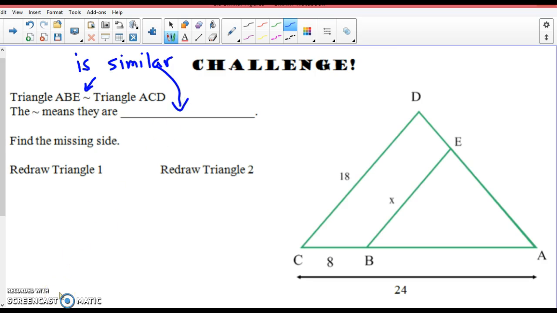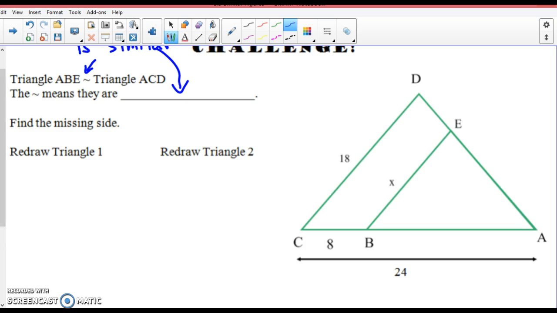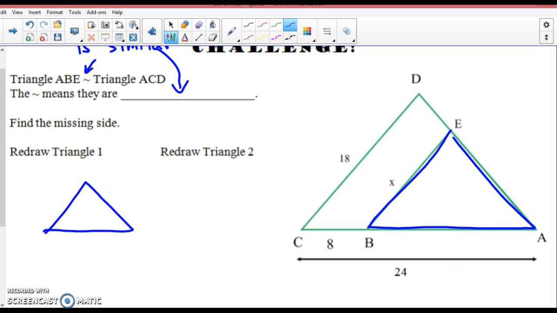Find the missing side. Now, I'm going to separate these two out. My first triangle is going to be that. That is ABE.